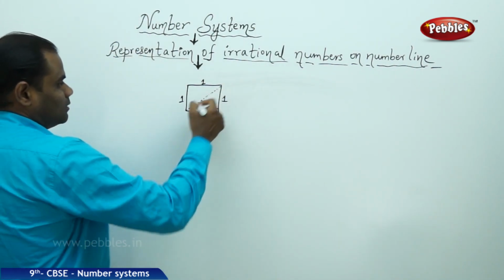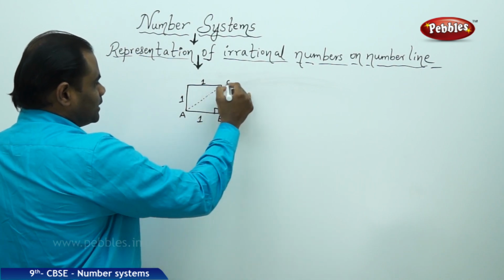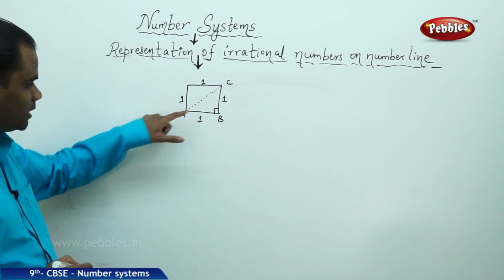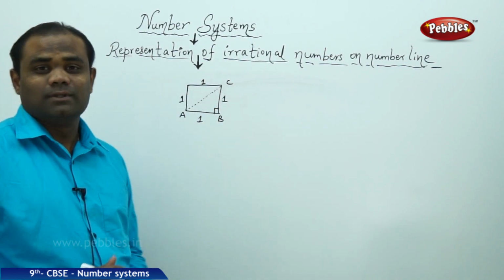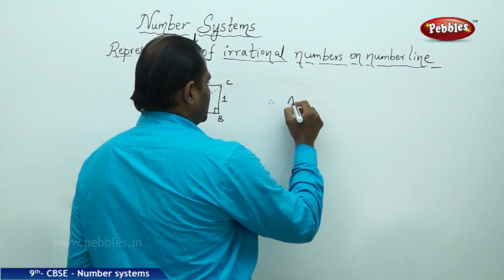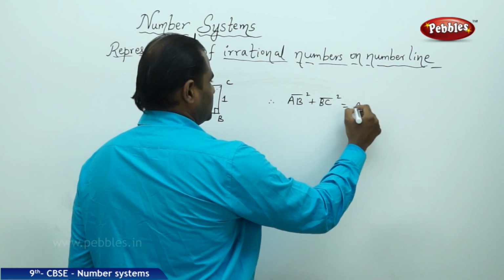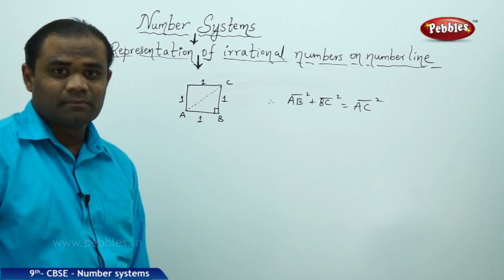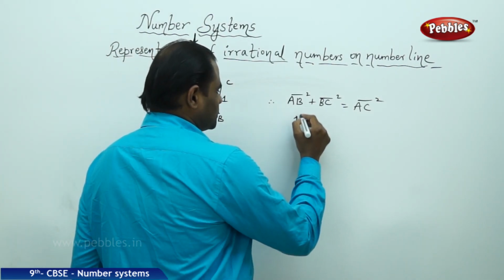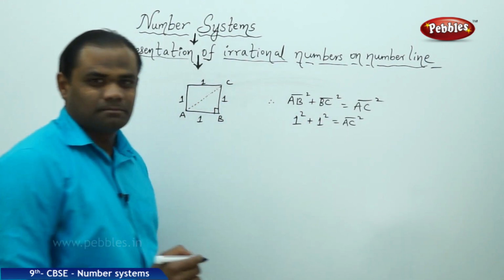Let me call this triangle ABC, right angled at B, with AB equals 1 unit and BC equals 1 unit. By using the Pythagoras theorem, AB square plus BC square equals AC square, which on substituting the given values gives 1 square plus 1 square equals AC square.